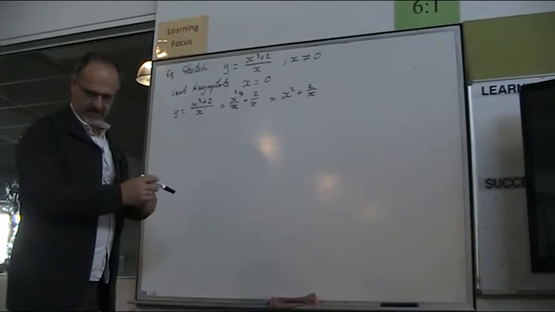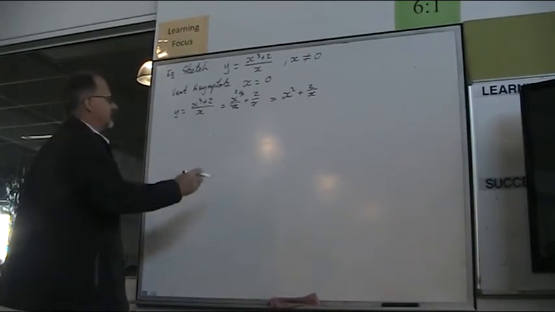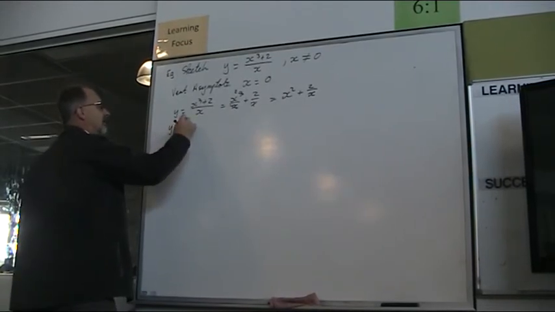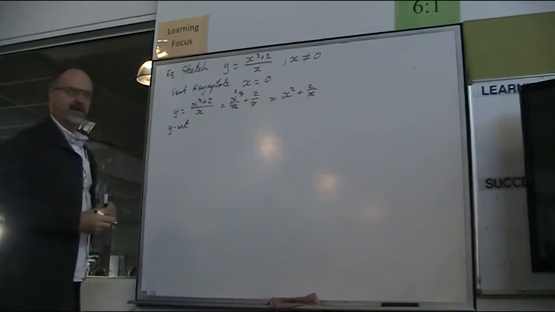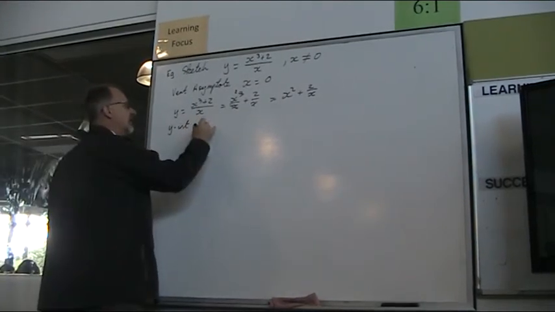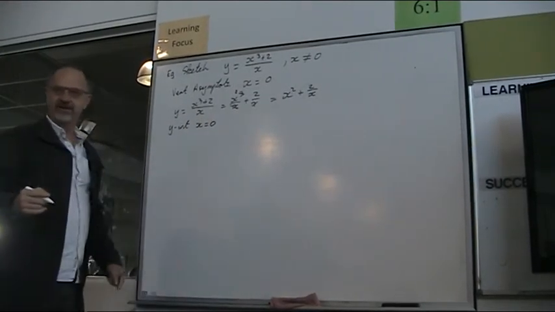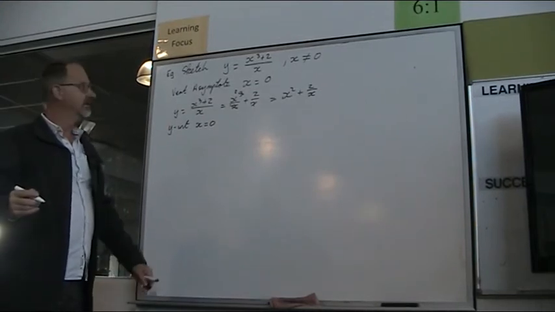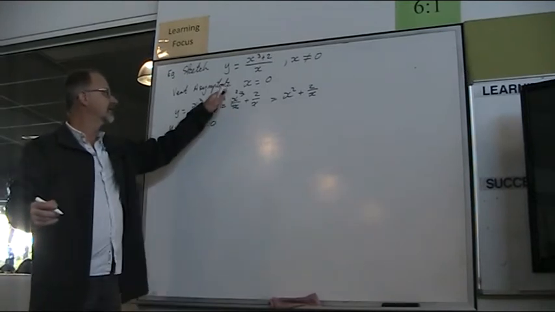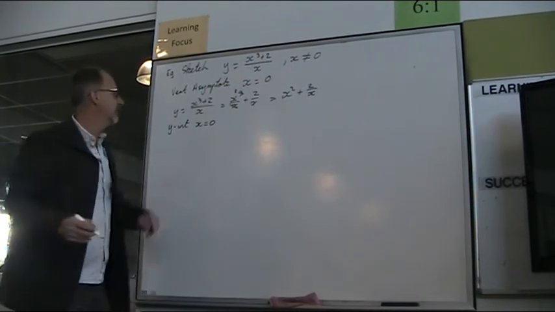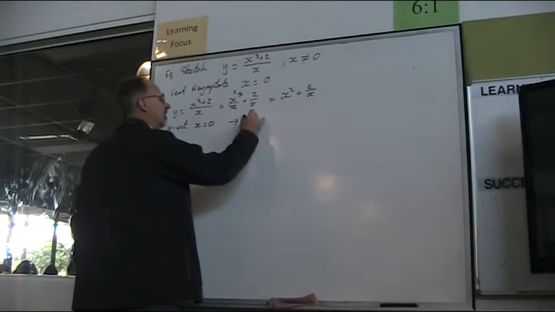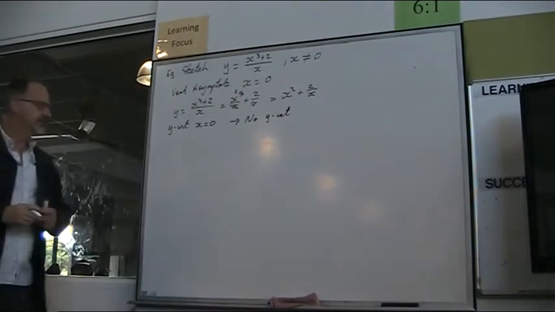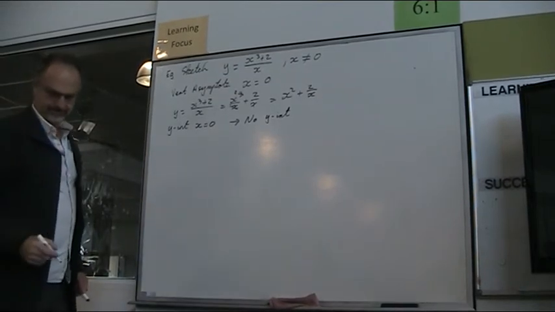All right, let's have a look. Intercepts. Y-intercept: x equals 0. There isn't one because it's an asymptote, isn't it? x equals 0. So there's no y-intercept. So no point us even worrying about that.